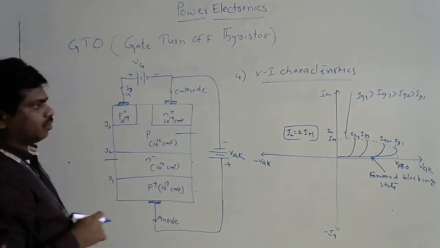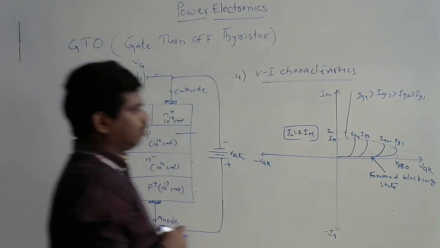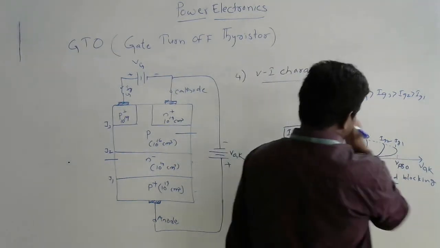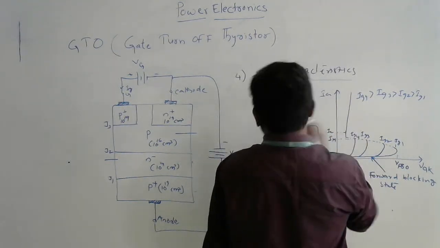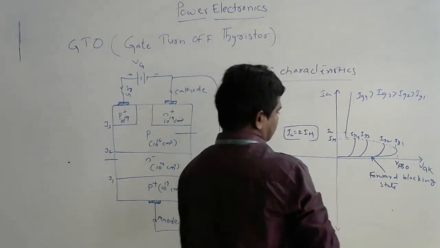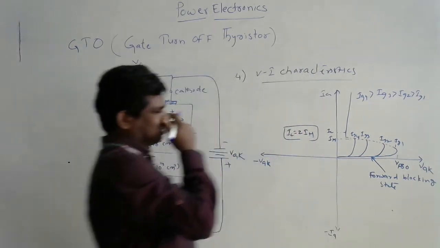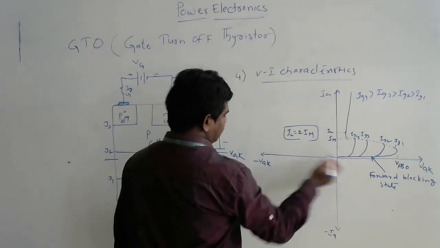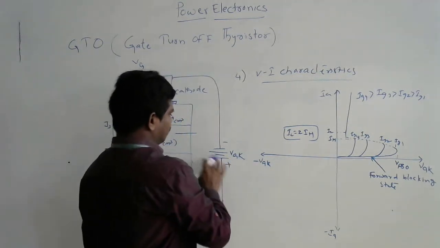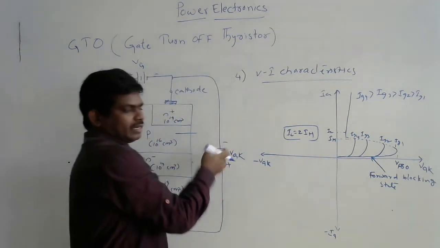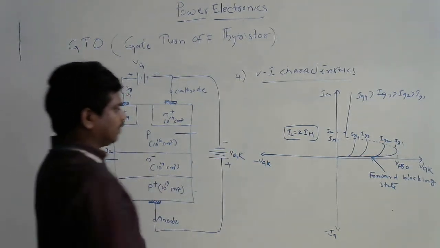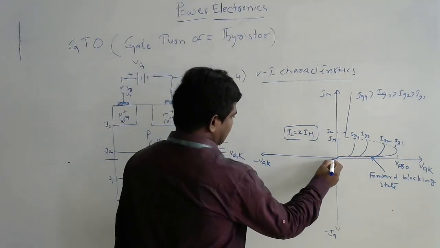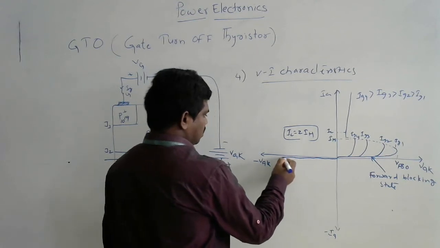So we can see the forward blocking state, and this is the conducting state of the GTO, same as SCR. When we see the reverse bias condition, that means when you apply the reverse voltage across the anode and cathode, we get characteristics like this.